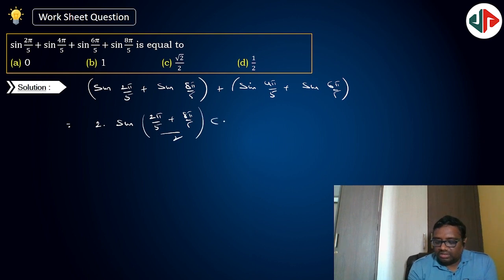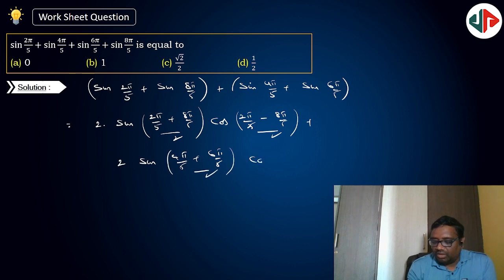into cos of (C minus D) by 2. Similarly, this is also 2 times sin of (4 pi by 5 plus 6 pi by 5) by 2 into cos of (4 pi by 5 minus 6 pi by 5) by 2.